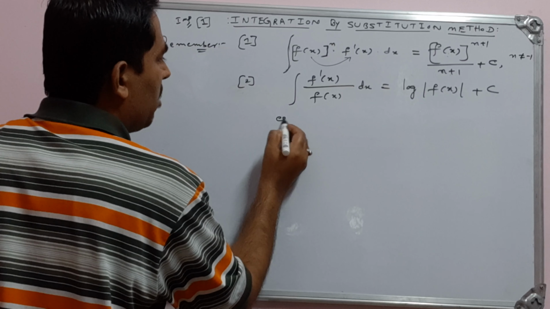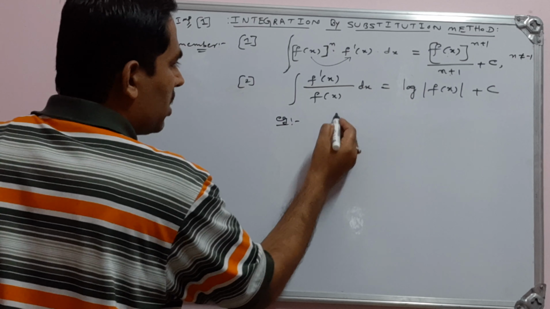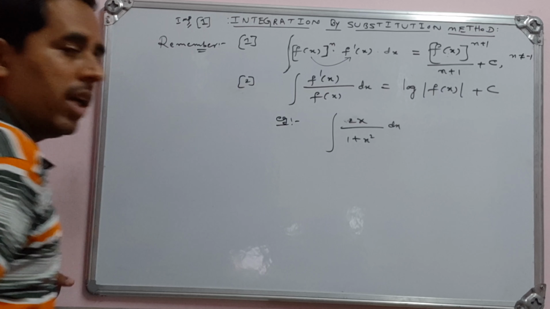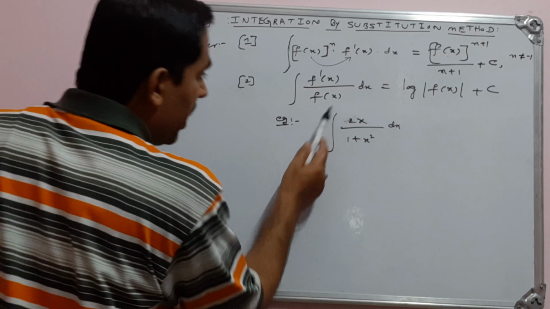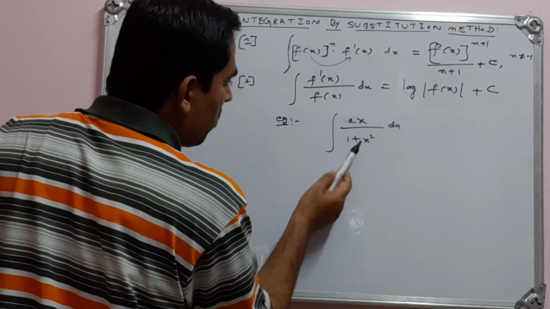Let me give one example for this. Observe this carefully; I have written it in the example: integration of 2x by 1 plus x square. How do you integrate this? Very simple. We treat the denominator as the function, so 1 plus x square is my function in the denominator.